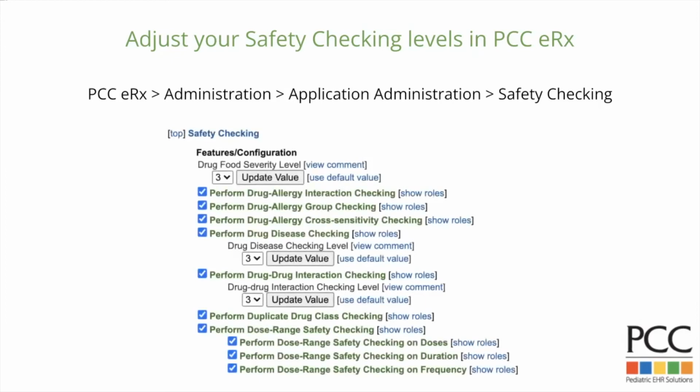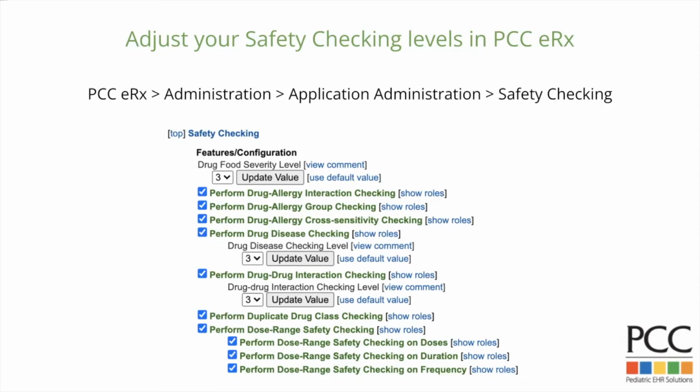There's a lot going on in this page, but there are a number of different safety checking things that happen while you're prescribing. There's something called a proactive alert, and then there's a reactive alert. The easiest way to think about the proactive ones is like a drug allergy.